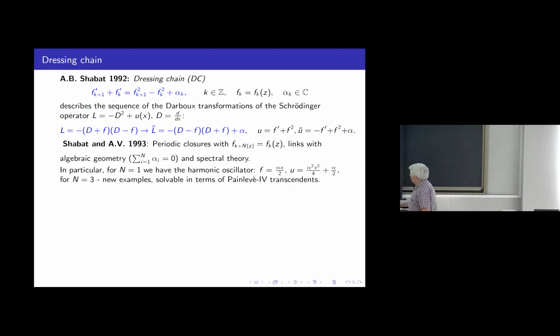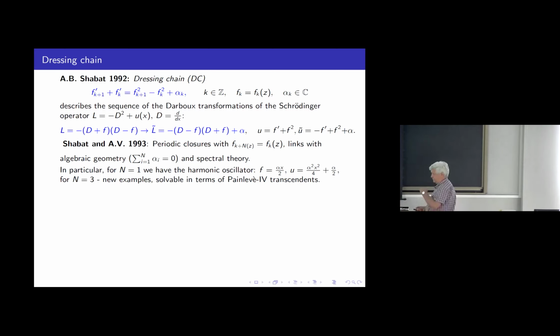And we recovered the same theory, but from a different point of view, namely that stationary KdV is a stationary point of isospectral flows. Here it's a kind of discrete version, because we go across, every time adding alpha, and if the sum of alpha is 0, in some sense we come back to the same, and then we have finite gap theory.